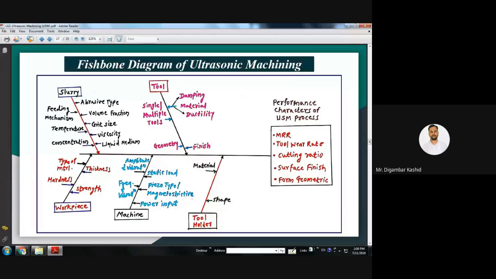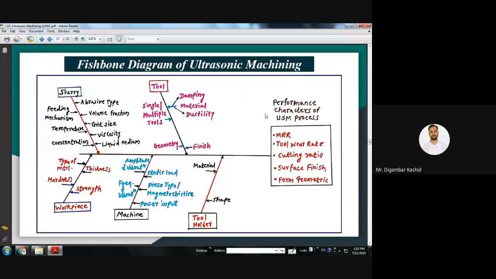If the surface finish is not good, then this will be reflected to some extent on the finish of the machined component. Another parameter is definitely the geometry of the tool. That will also affect the geometry of the machined cavity that you are going to get on the workpiece. So all these parameters come under the tool, and the tool is an important process parameter which will affect the performance of this USM process.